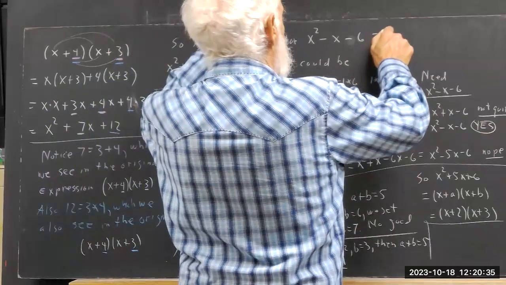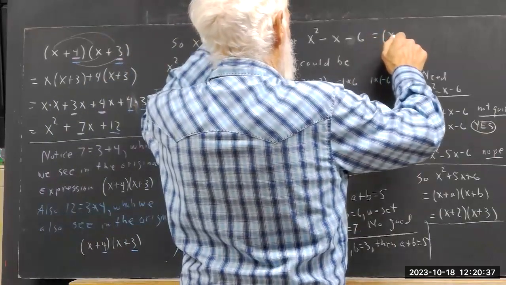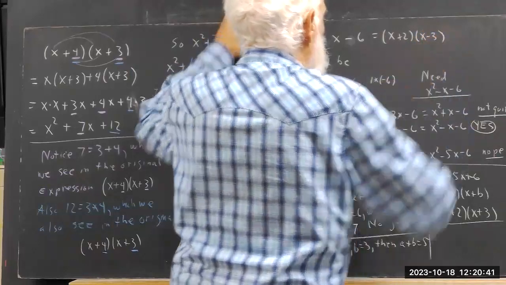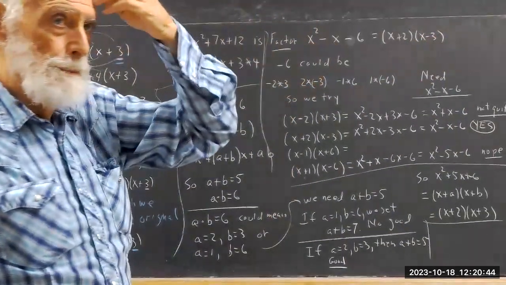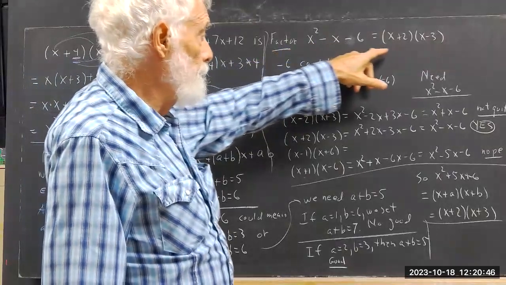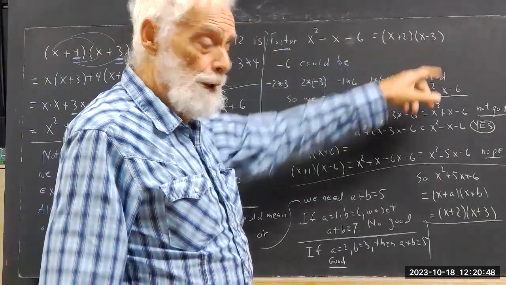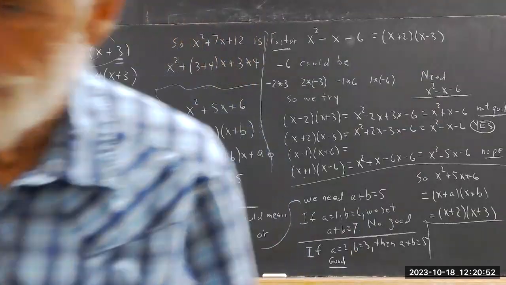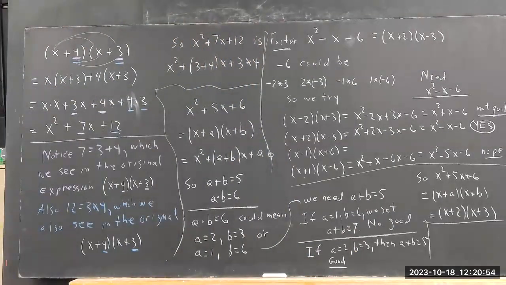So x squared minus x minus 6 is x plus 2 times x minus 3. Well, the assignment is to learn to do this with a bunch of different examples, okay?